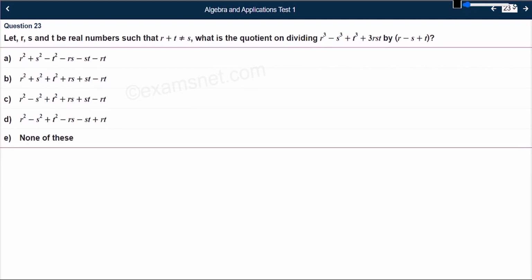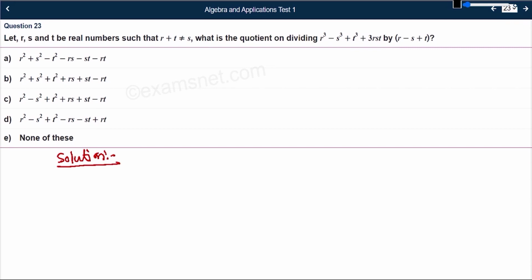So are you thinking of doing the procedure with the long division method? No, we are not going to divide anything, but we are going to use a trick here. What is that?